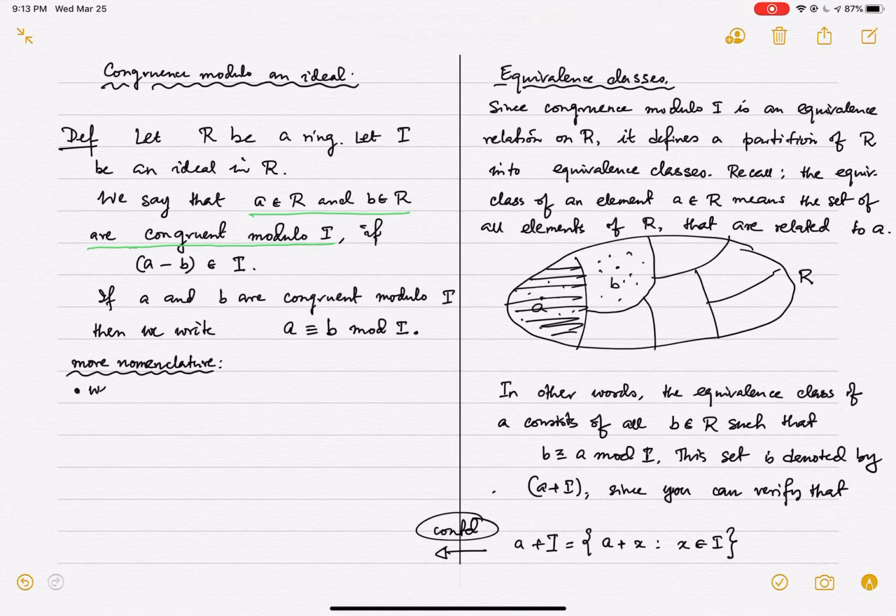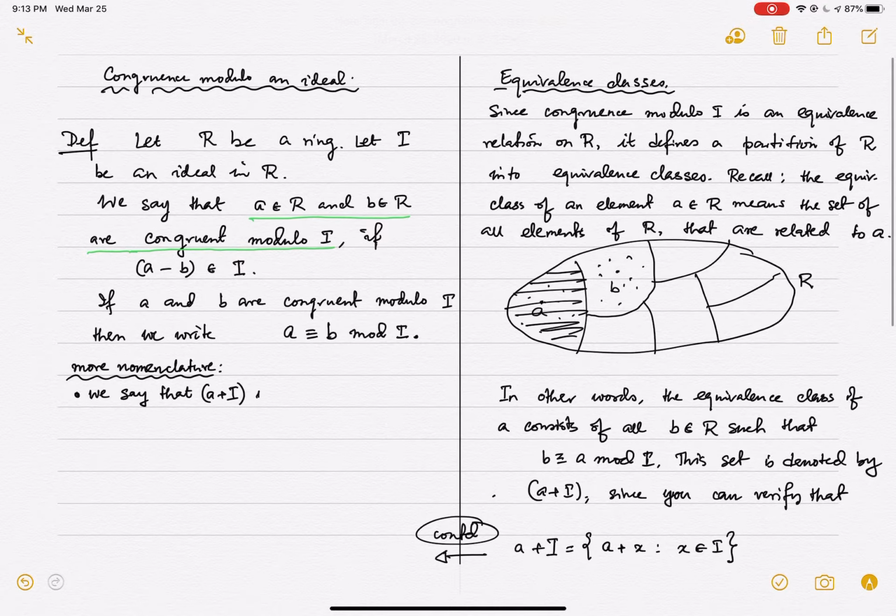First, we say that A plus I, this set that we just defined, is the congruence class of A modulo I. It's also called the coset of A. Or the congruence class of A.